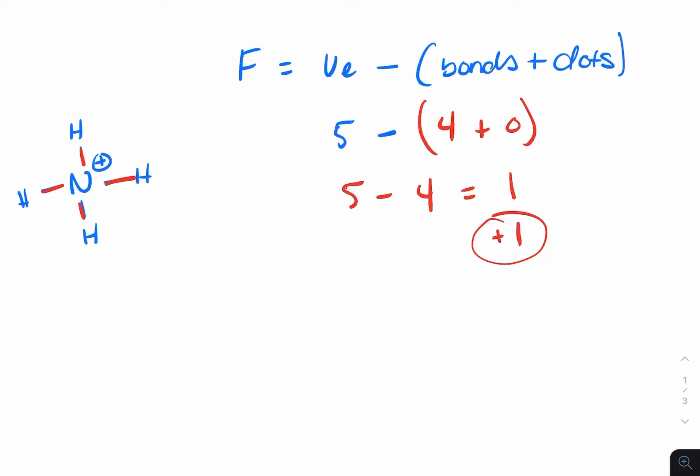Let's move on to nitrate. Let's figure out the formal charge of nitrate. So we have nitrate here. Let's draw out the dash formula, and then assign each atom its charge.